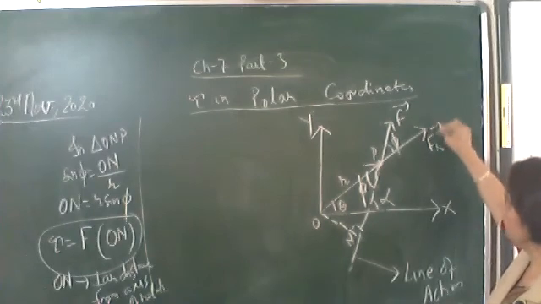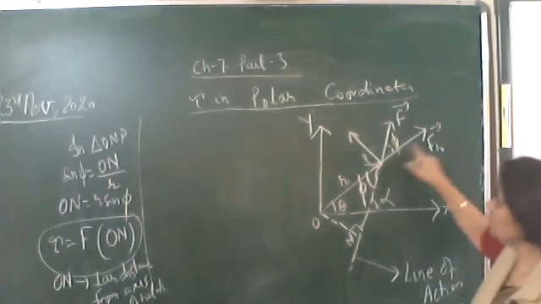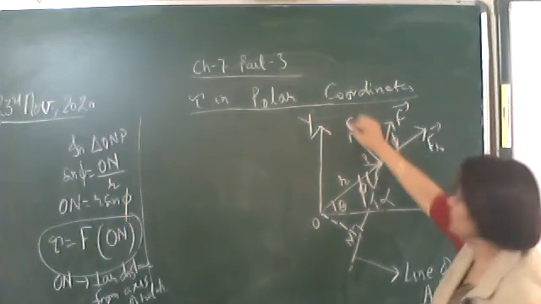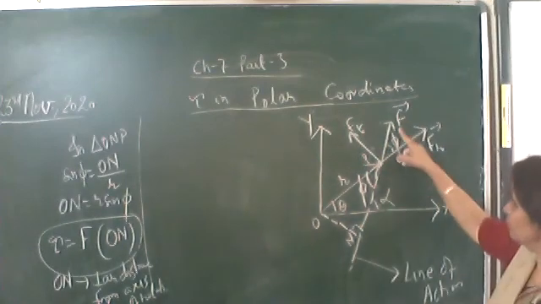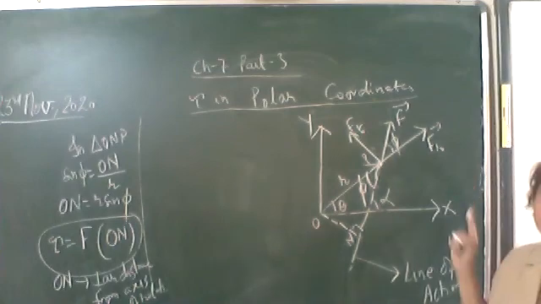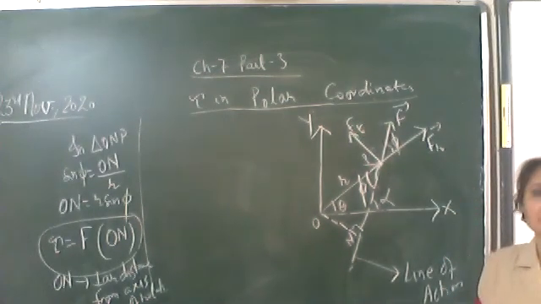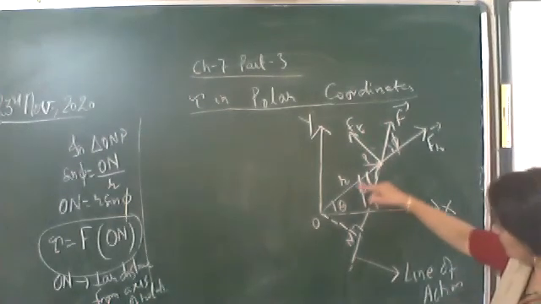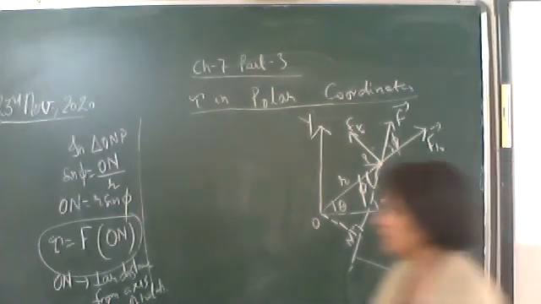Let this be the Fr vector and a vector perpendicular to Fr, let it be Ft, the transverse component of force. So force we have resolved in two components. This component Fr is called the radial component of the force and Ft is called the transverse component of the force. This is along the radius vector, so that is why it is called the radial component of the force.